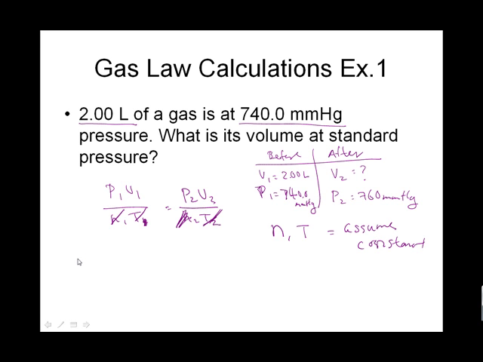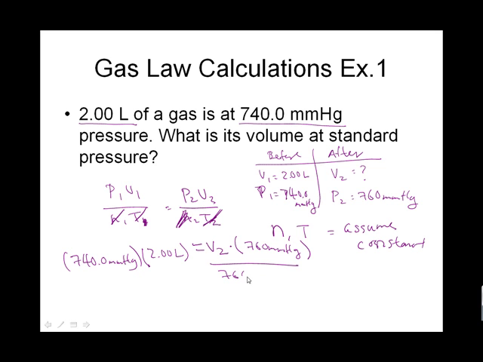So here is my P1, 740.0 millimeters of Hg, times V1, which is 2.00 liter, is equal to V2 times, which is something that I don't know and I want to figure out, 760 millimeters of Hg, my P2.